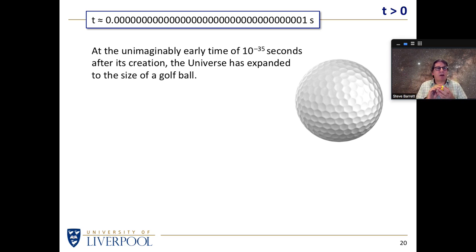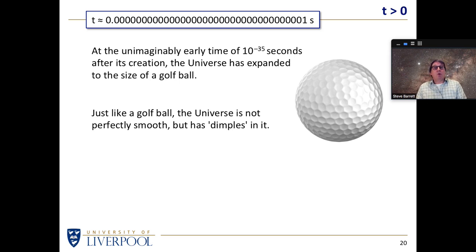I'm just talking about everything that we can currently see, everything that is currently inside our observable universe, which is something like 100 billion light years across, give or take. Everything that's inside our observable universe now used to be inside a volume about the size of a golf ball. So the universe expanded from nothing to a golf ball in a time period of 10 to the minus 35 seconds. Very rapid expansion.